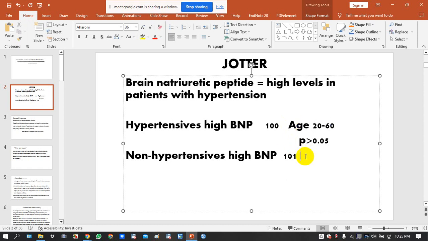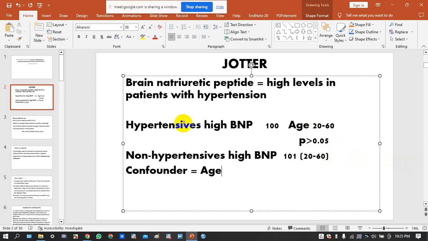And over here too, we selected ages from 20 to 60. So we can say that age will become a confounder. It's causing confusion. A confounder is something that causes confusion. So age is a confounder over here.